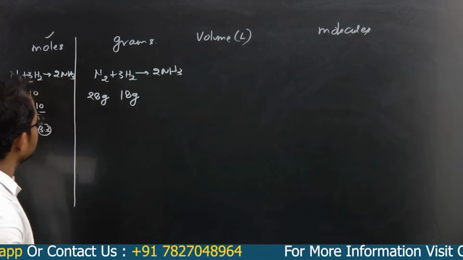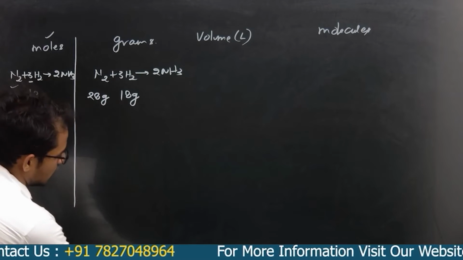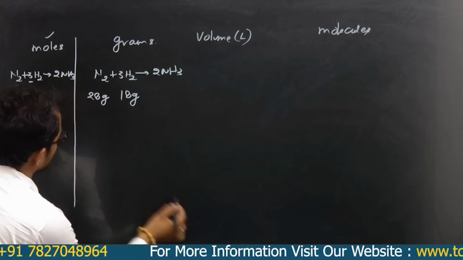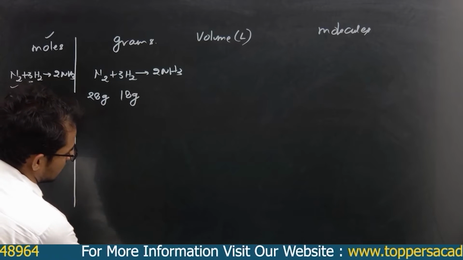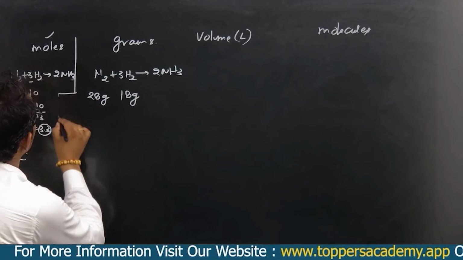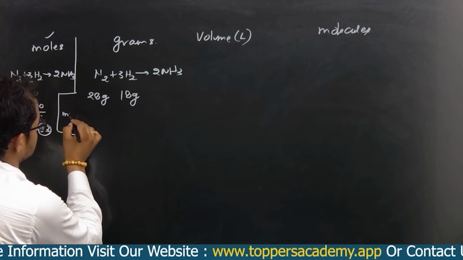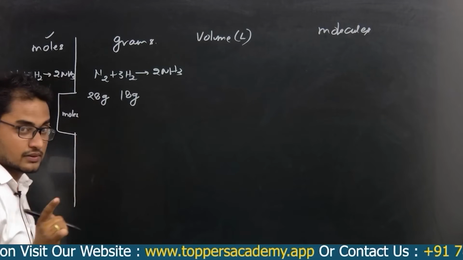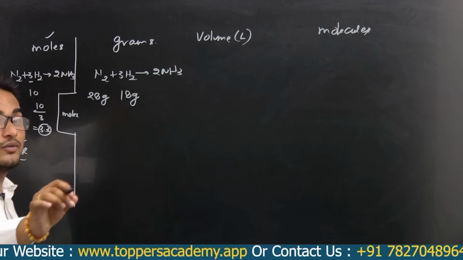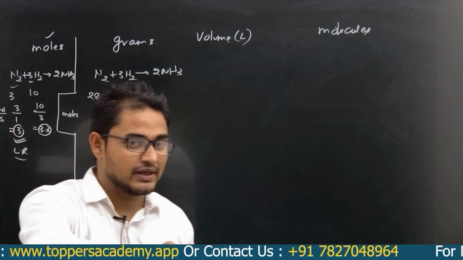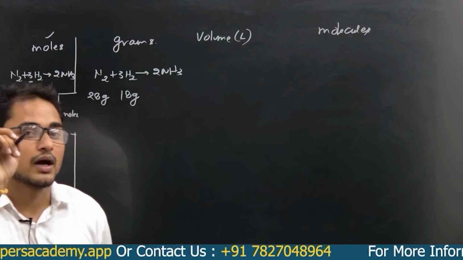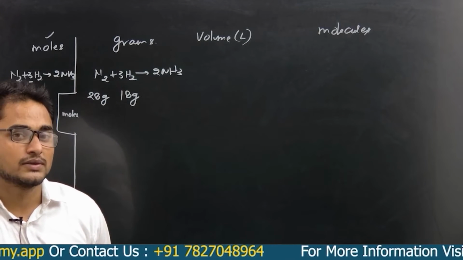So in this case, first of all we will calculate the number of moles, because we have to find the value of moles upon stoichiometry, and for that we must know how many moles of reactant are present.